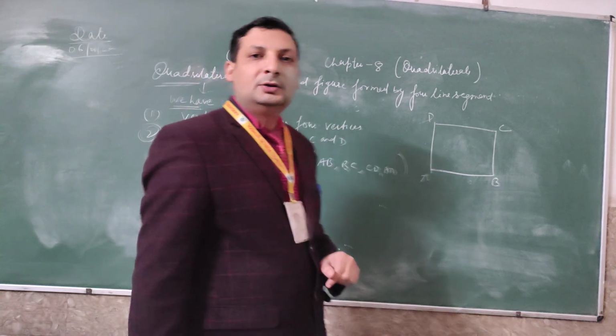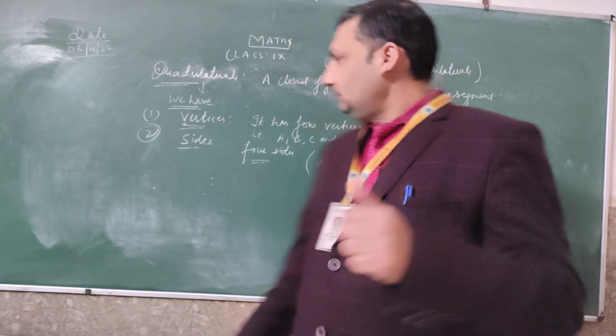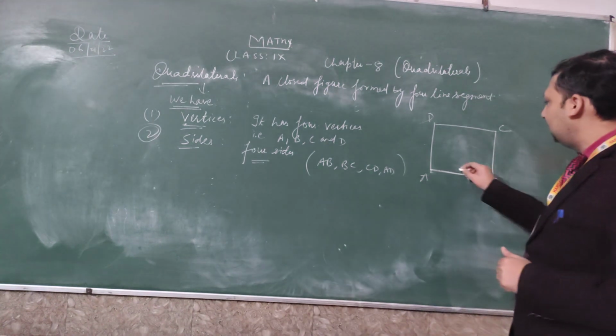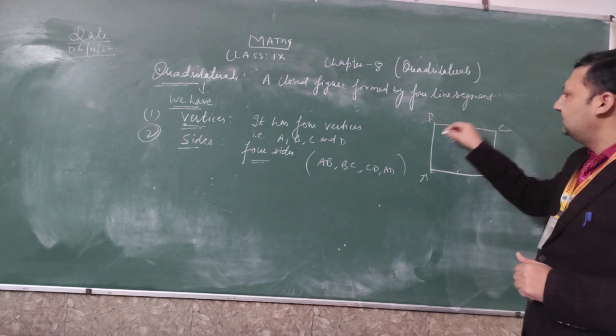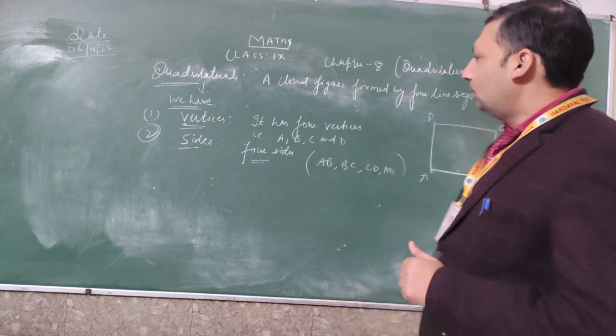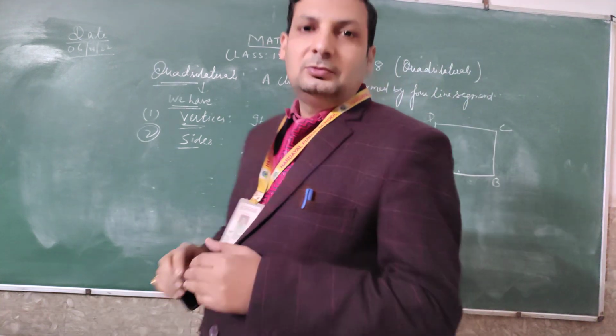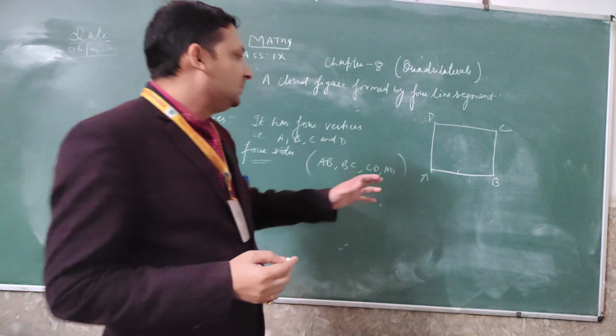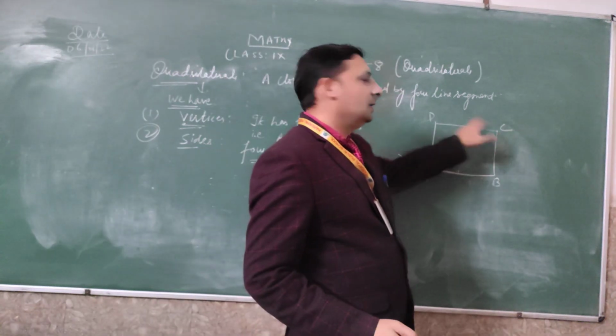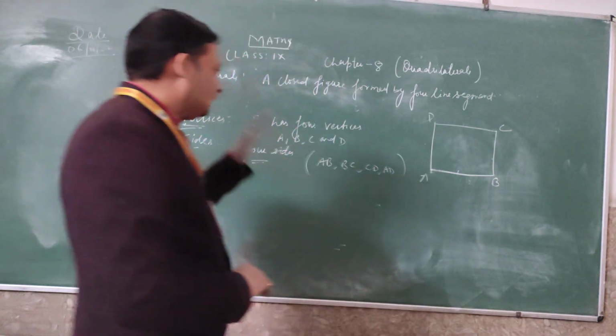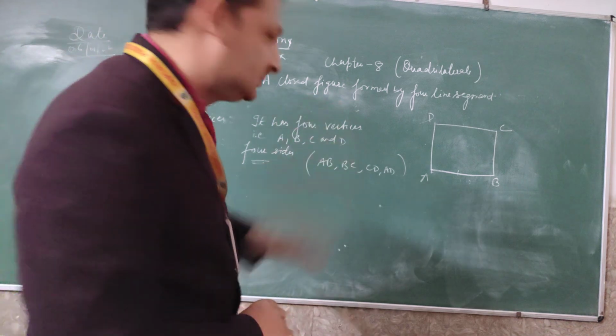It means a quadrilateral has 4 sides named AB, BC, CD and AD. Now what is a line segment? The distance between 2 points is called a line segment. So we can say that a quadrilateral consists of 4 sides.